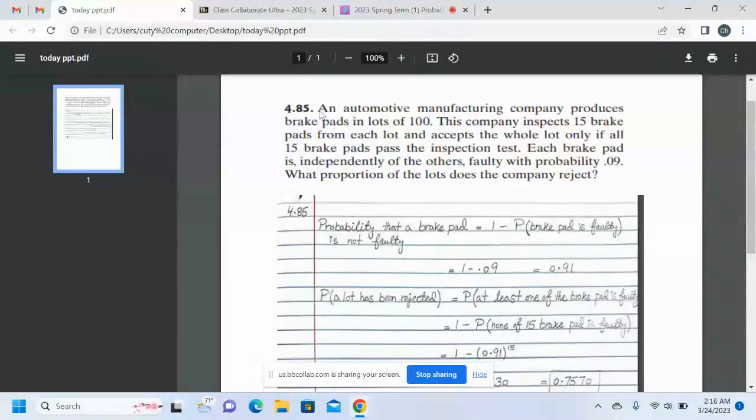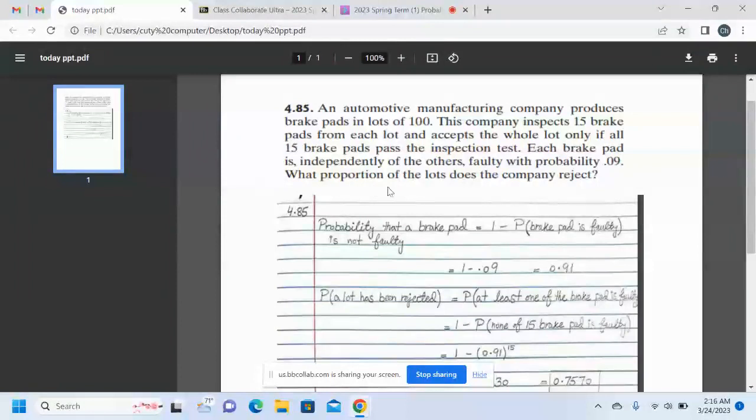I'm going to present question number 85 of chapter 4. An automotive manufacturing company produces brake pads in lots of 100. This company inspects 15 brake pads from each lot and accepts the whole lot only if all 15 brake pads pass the inspection test. Each brake pad is independently of the others faulty with probability 0.09.